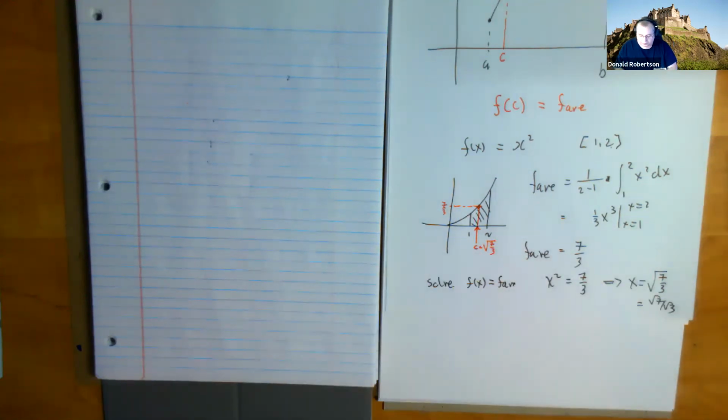So an x value of square root of 7/3, that's essentially where that is. There is at least one point on the curve where the function has the same value as its average. What would the logic of that be? Suppose today, starting at midnight and finishing at 1 second before midnight, the average temperature was 52.21 degrees.